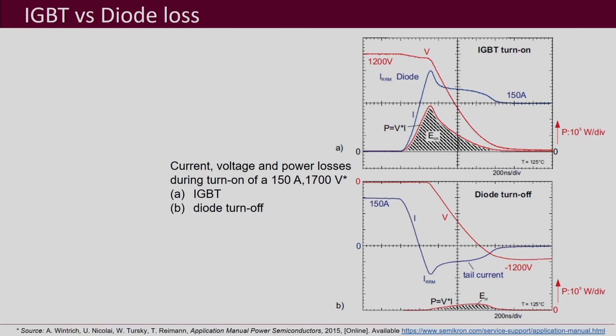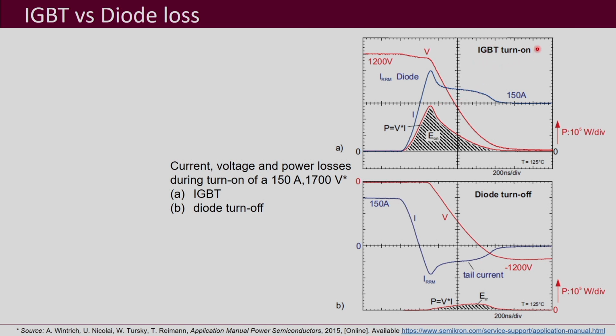For that, this is a graph taken from Semikron's application manual, and here this is given for a 1700 volt IGBT, 1200 volt is applied on it, and 150 ampere IGBT, and it has an antiparallel diode with it.